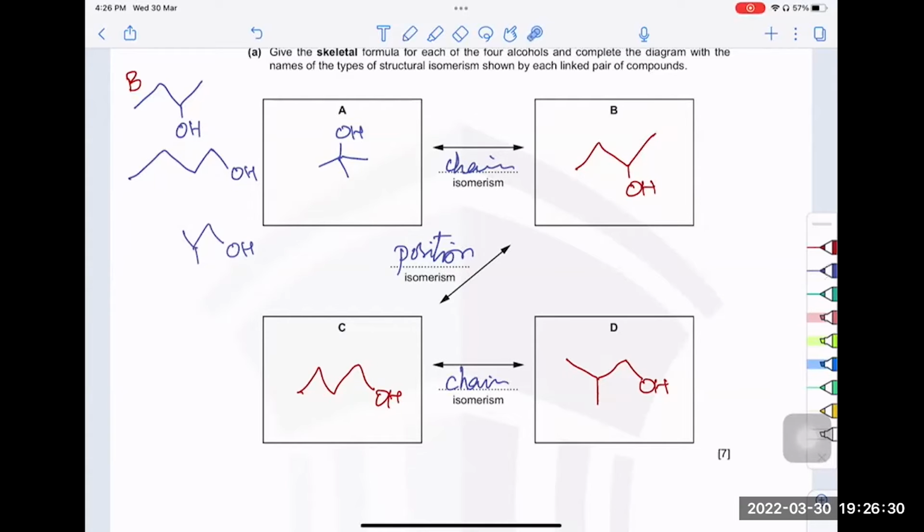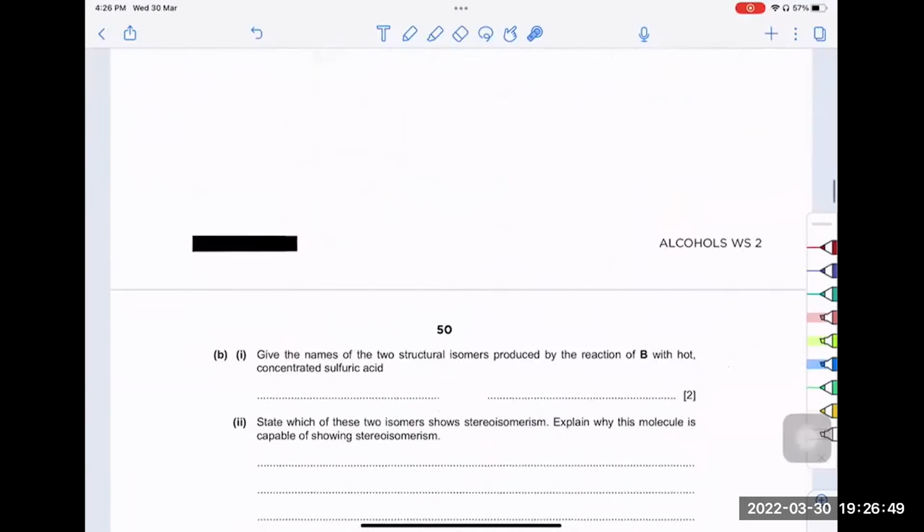So why am I saying this is chain and that's not? Because this chain and this chain, they're technically the same. Like this is 4 carbons, this is 4 carbons. The chain is the same, but over here the chain has changed. It's not a straight chain anymore. It's like a V. So the chain is different.